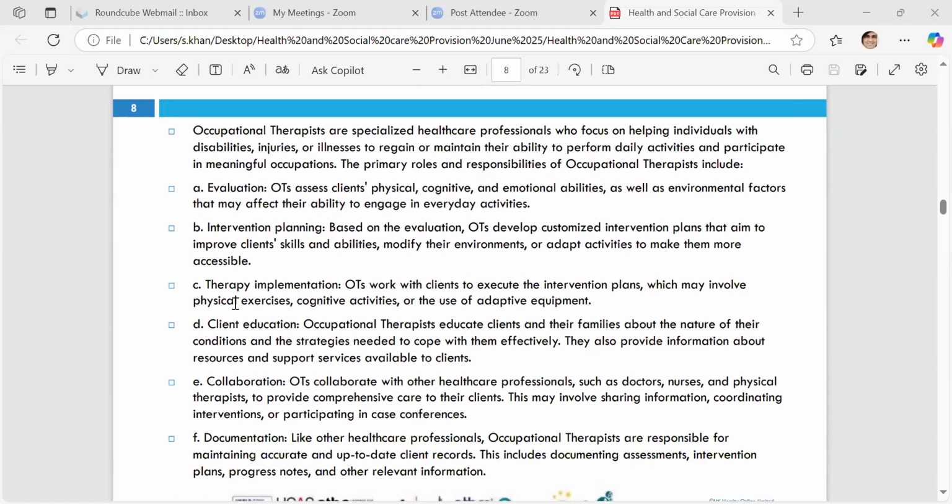They are there to evaluate clients' physical, mental and cognitive well-being, and they customize plans for you, to put together and execute a plan and make sure that you stick to that plan. So they are there to look at improving your daily activities.